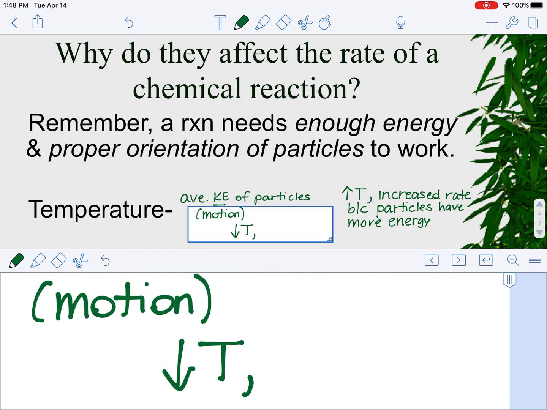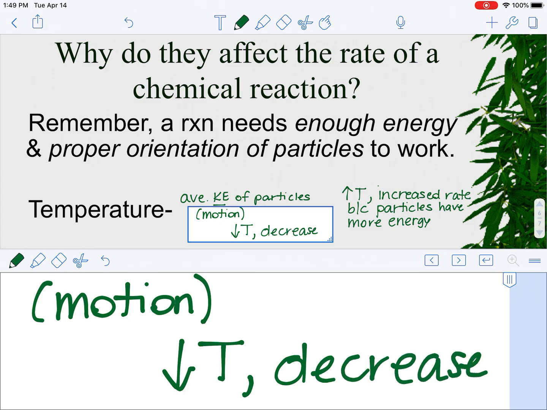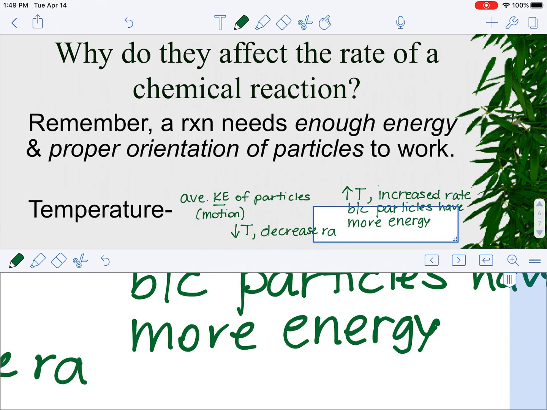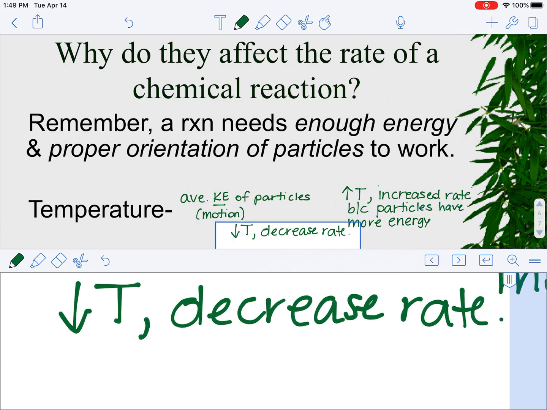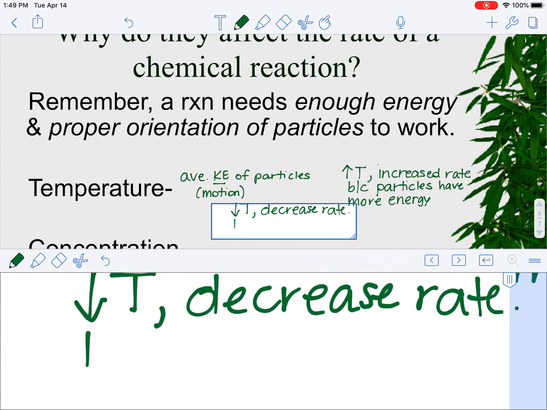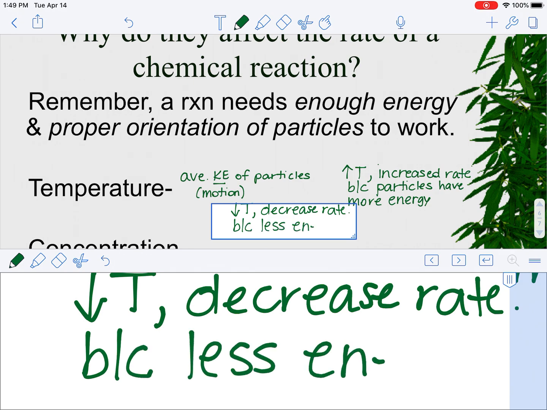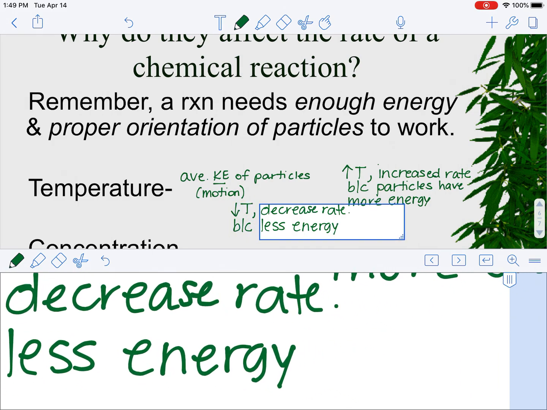Conversely, if I decrease the temperature, I'm now going to decrease the rate of my reaction. The particles are now going to move slower. In other words, the particles have less energy, so the reaction happens slower.